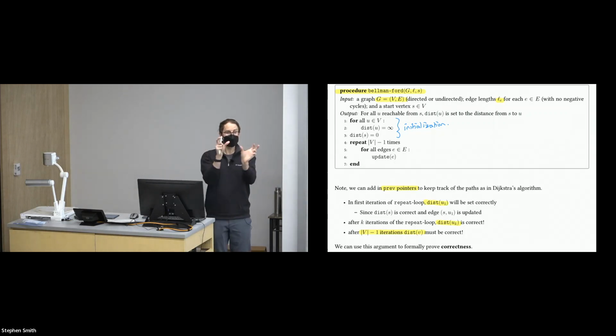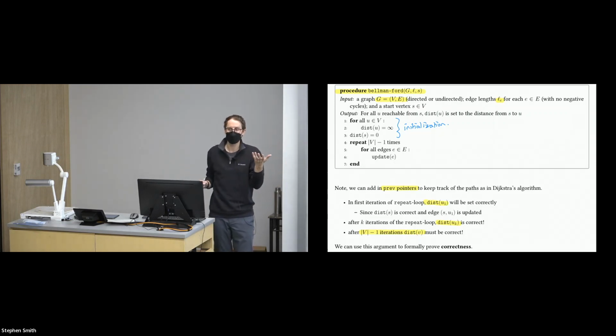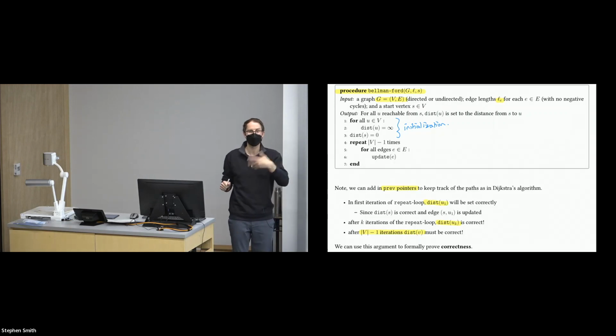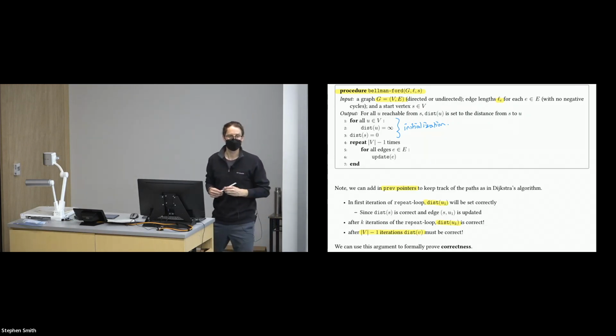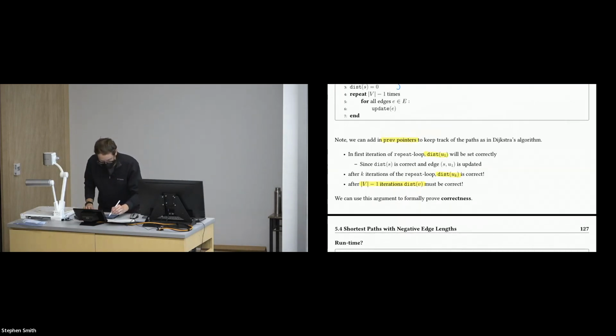Between the update of SU1 and the update for U1, U2, many other updates will occur because I'm looping over every edge in the graph, but that doesn't matter. They might modify the distance a bit, but they never change the property that it's an overestimate of the true distance. And so we can use this to prove correctness of the algorithm.